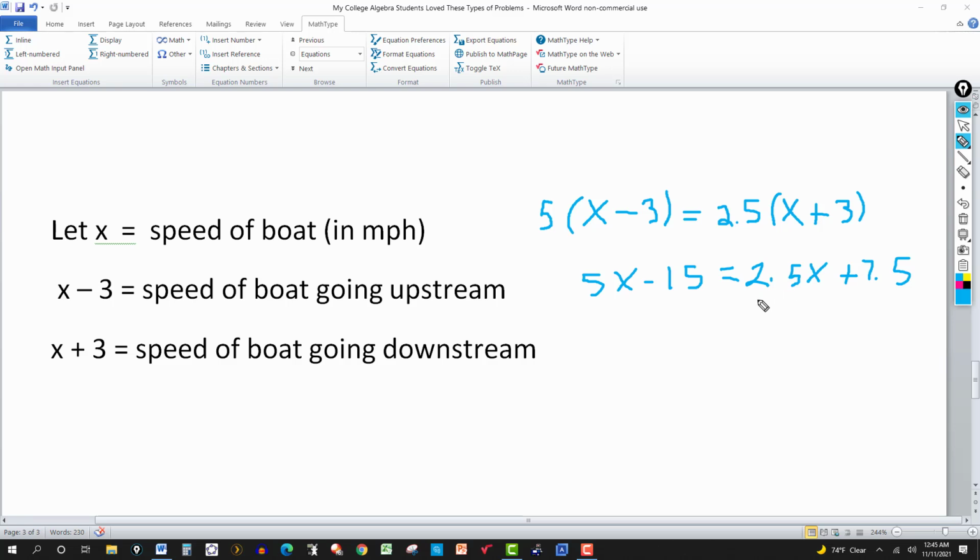And then isolate the variable. So here we're going to subtract or add negative 2.5x here. The same thing on this side, negative 2.5x. That gives me then 5x, and a minus 2.5x is a positive 2.5x.